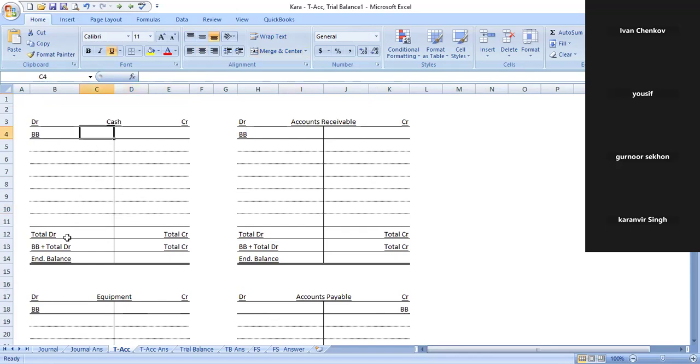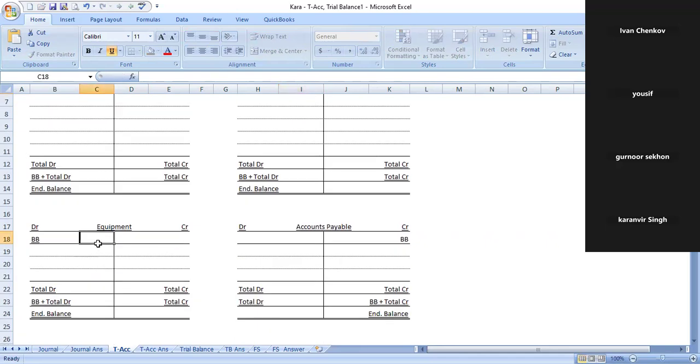So let's go with the cash. Question for you. What was the beginning cash at the beginning of June 1st? How much was our beginning balance? No. That's after she put the money. Before she put the money, what was the beginning balance, when she opened the company? Zero. The balance was zero. How about accounts receivable? Zero. How about equipment? Zero. How about accounts payable?